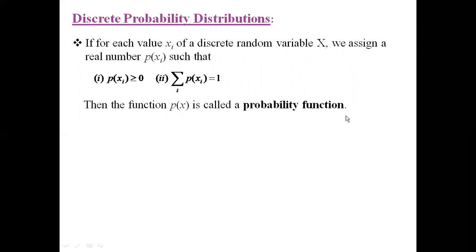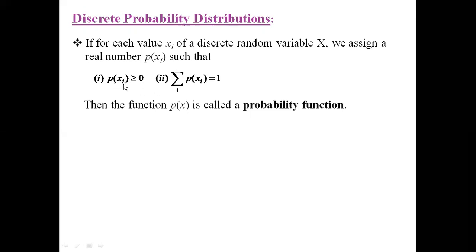So let us understand the definition for probability function. Suppose for every value of xi in a discrete random variable, we assign a real number p of xi, which says the probability of every xi, such that it satisfies these two conditions.